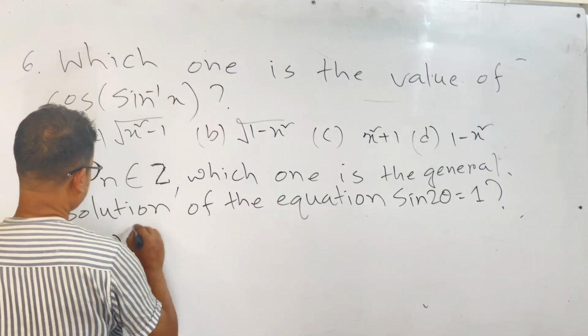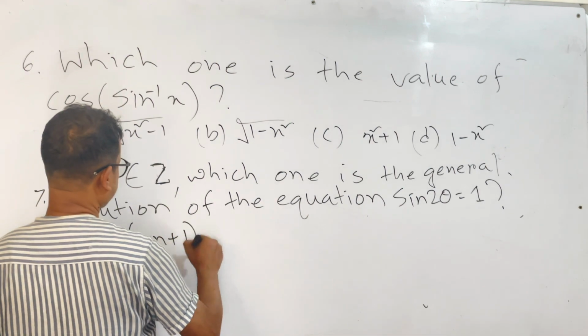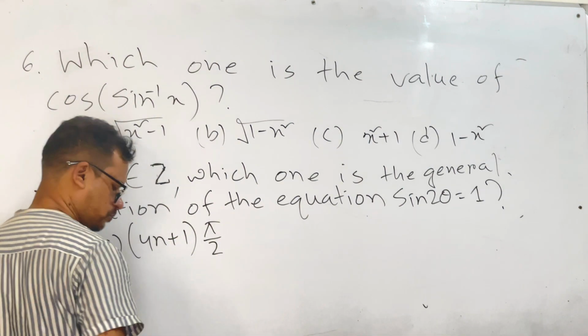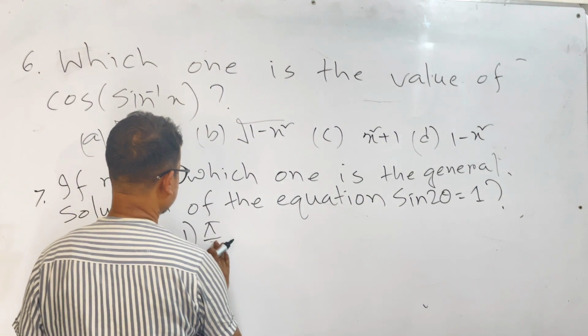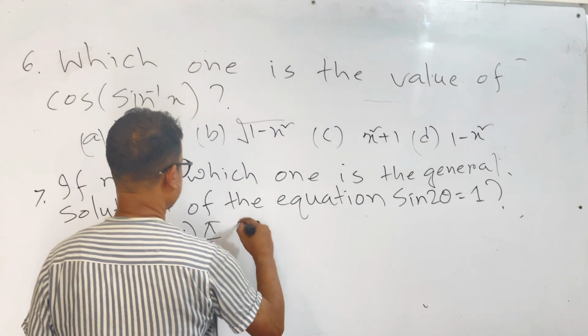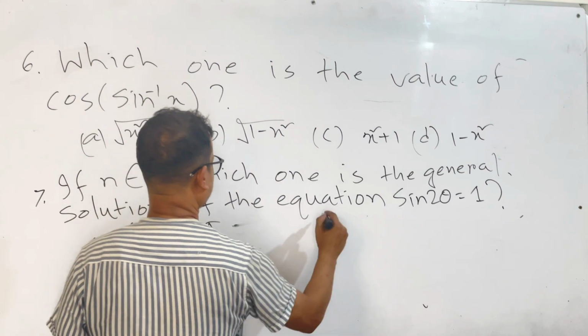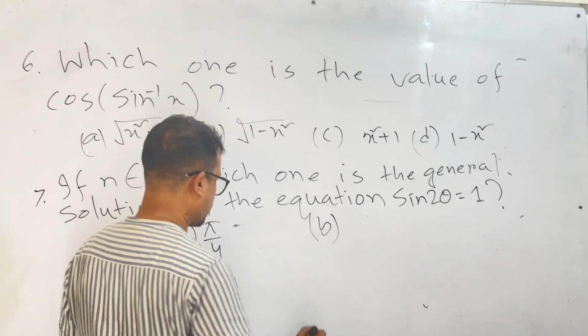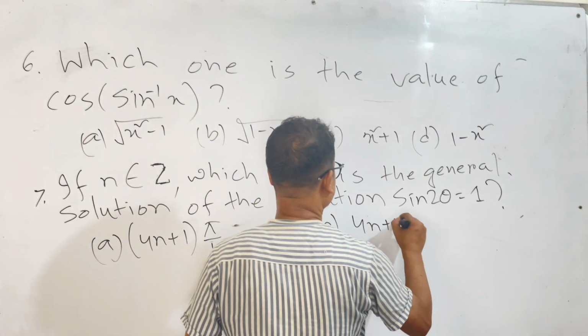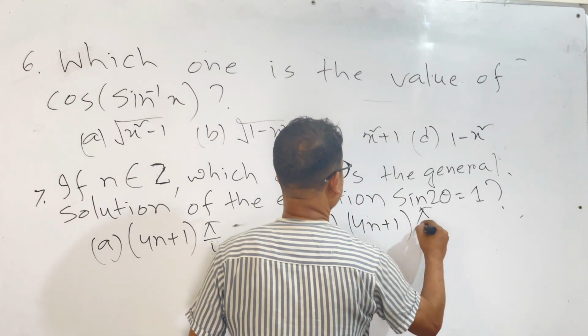A, 4n plus 1 pi over 4. B, 4n plus 1 pi over 2.